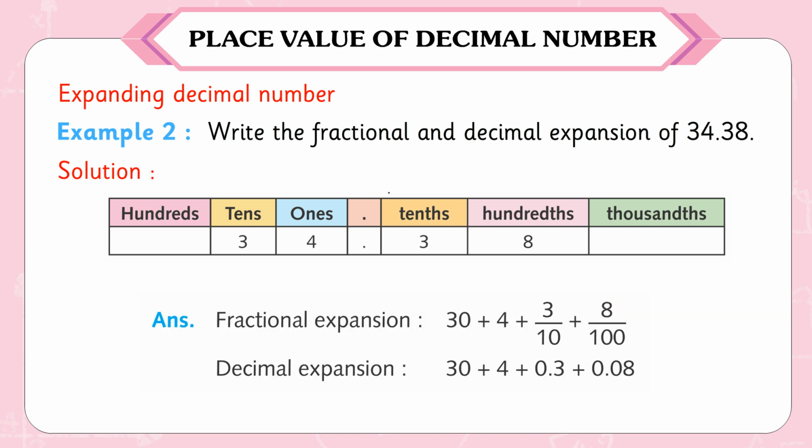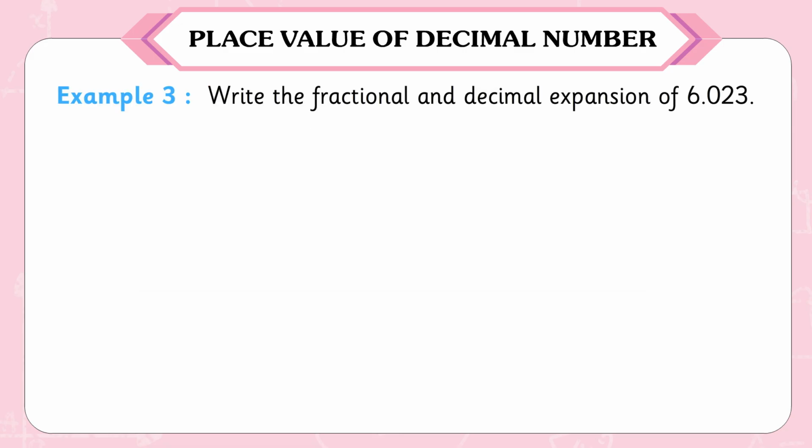Answer. Fractional expansion: 30 plus 4 plus 3/10 plus 8/100. Decimal expansion: 30 plus 4 plus 0.3 plus 0.08.